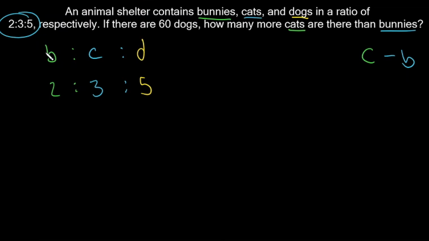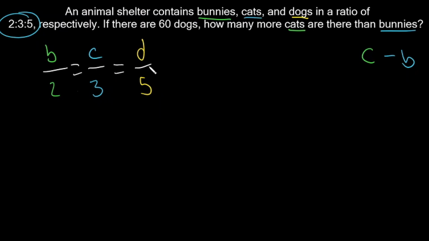So the ratio of bunnies to cats to dogs is 2 to 3 to 5. But instead of writing it like this, let's write it in a different way. Let's say the ratio of bunnies to 2 is equal to the ratio of cats to 3, which is going to be equal to the ratio of dogs to 5.